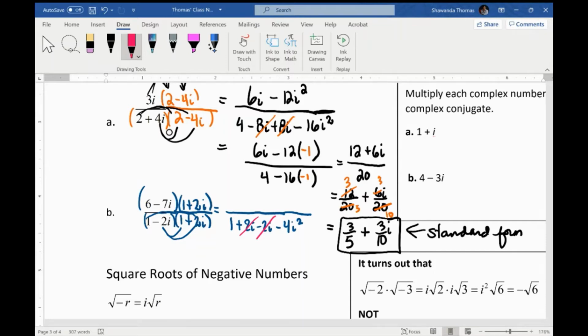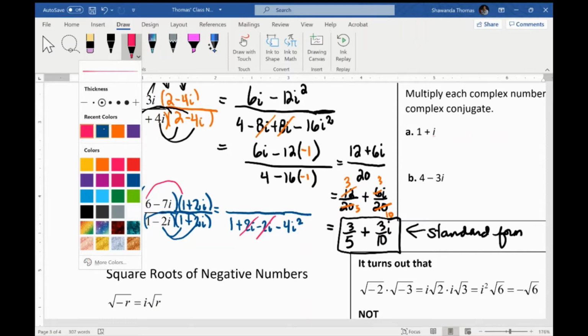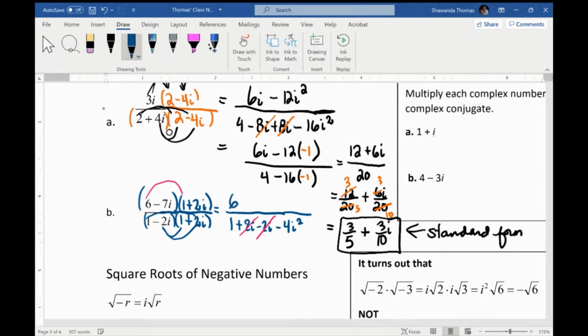All right, let's look at the numerator. These are not conjugates, so we have to FOIL the numerator. We have 6 times 1, which is 6. 6 times 2i is 12i.